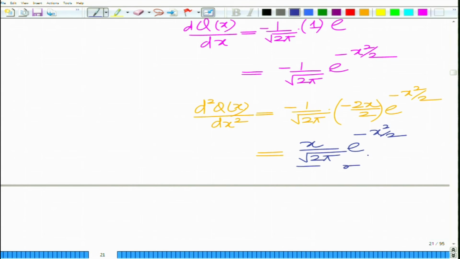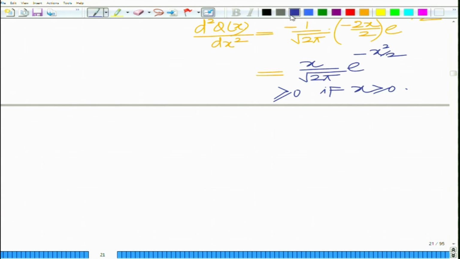Now you can see this is always greater than or equal to 0: e raised to minus x square by 2 is positive, and x is greater than or equal to 0. So when x is greater than or equal to 0, this is greater than or equal to 0.